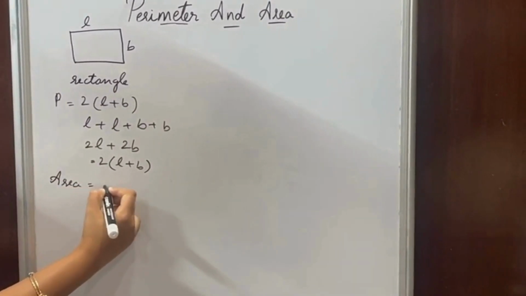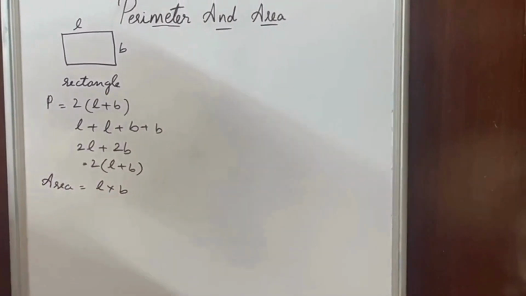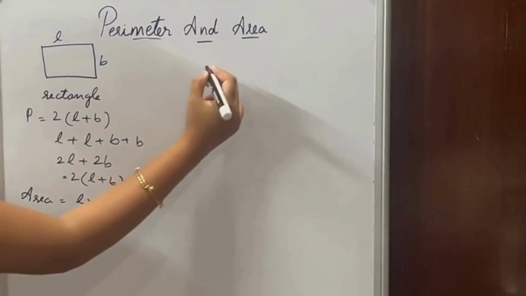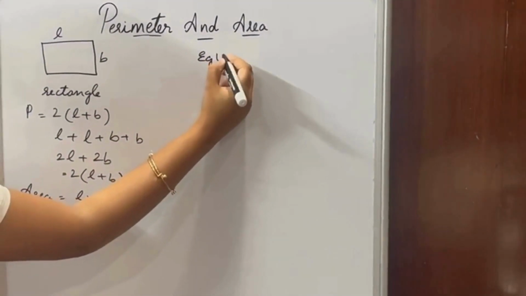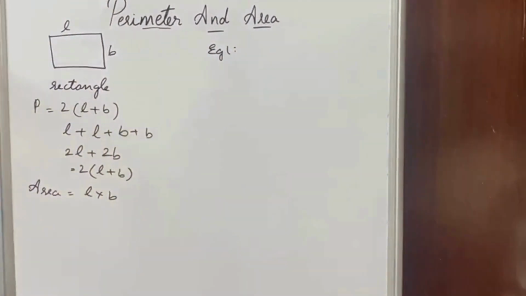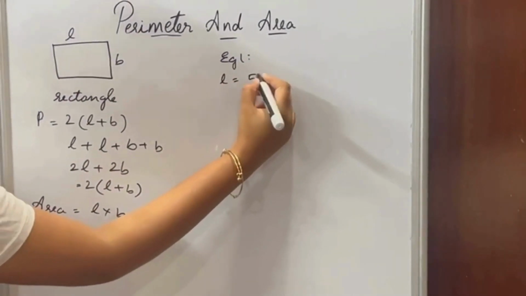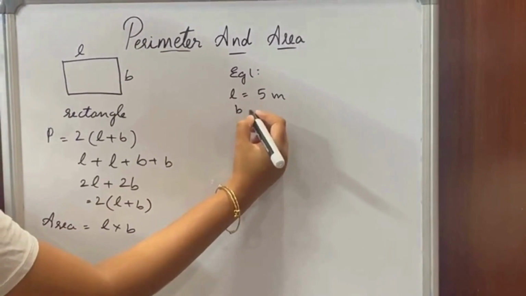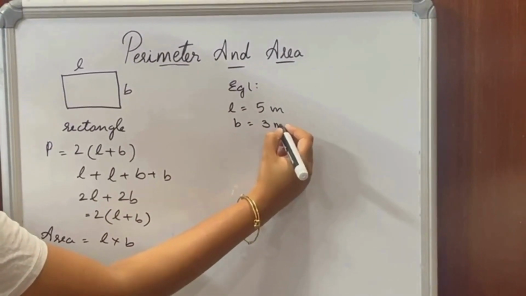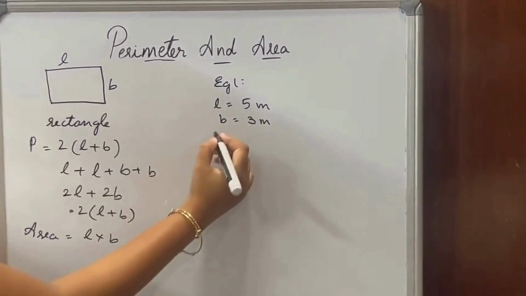So what would be the area of the rectangle? It is length into breadth. Let us understand with an example. Example 1. I'm going to take length as 5 meters and breadth as 3 meters. So let us draw the figure.